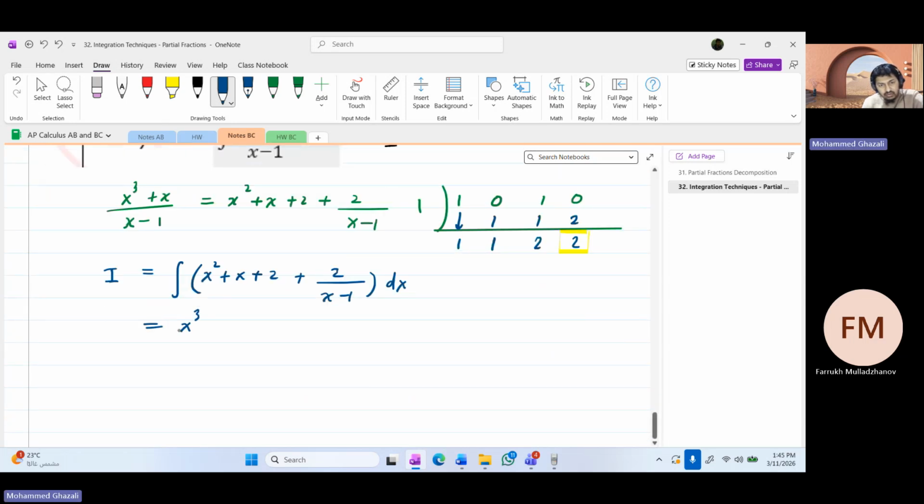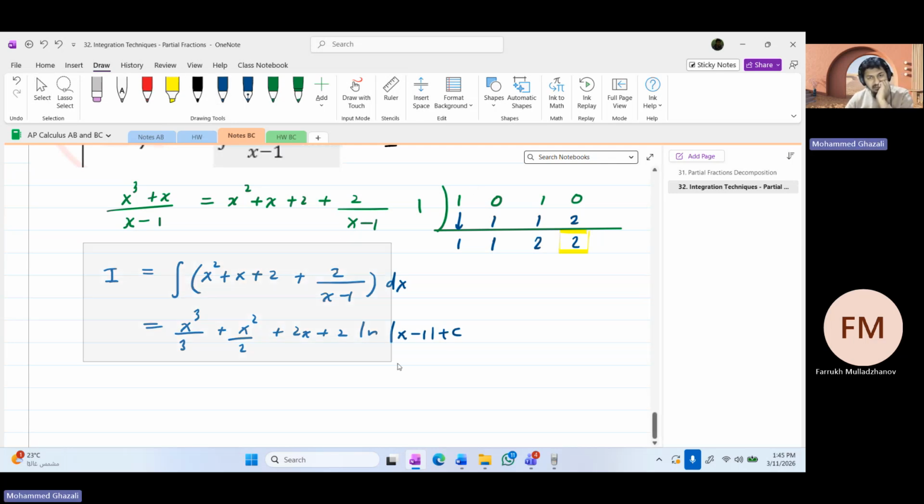That's x cubed over 3 plus x squared over 2 plus 2x plus 2 ln absolute value of x minus 1, plus c. You understand?